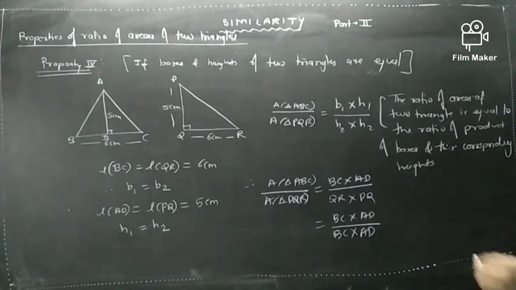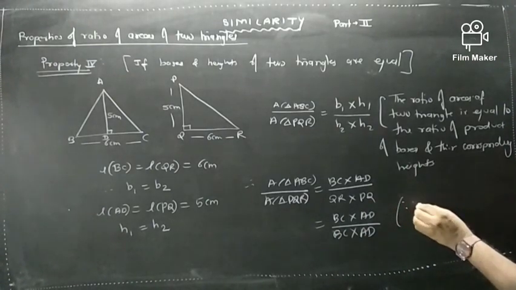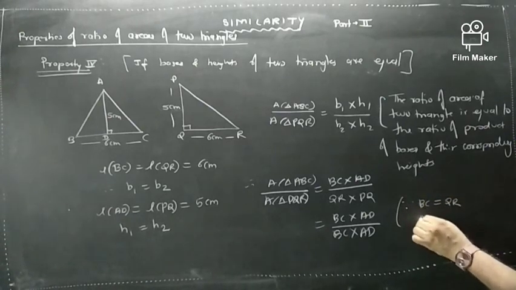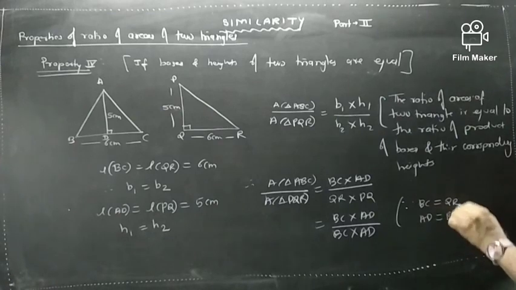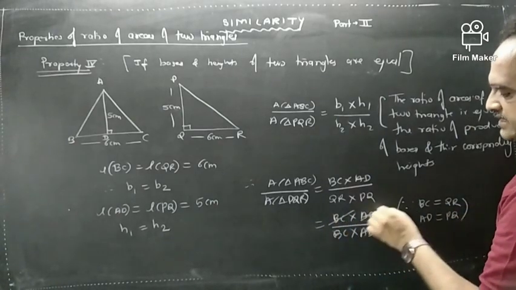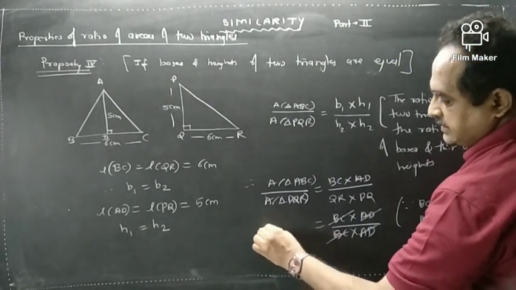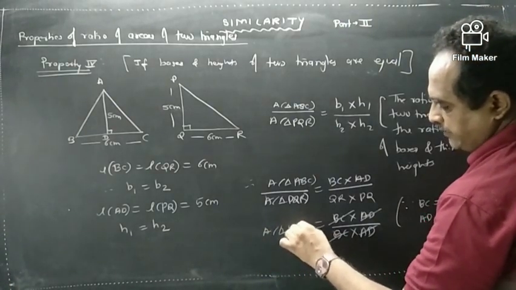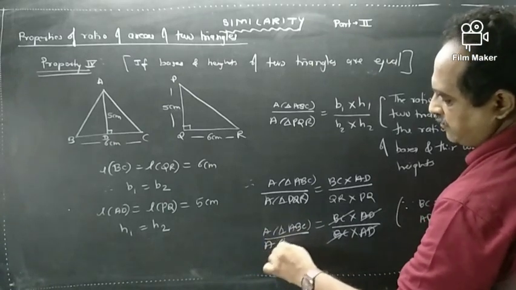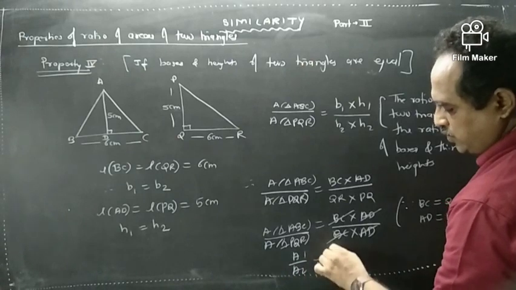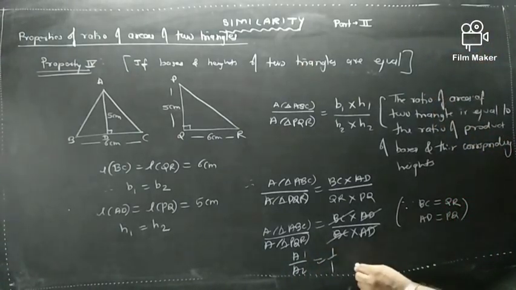Reason is, since BC is equal to QR and AD is equal to PQ, ultimately everything gets cancelled. So this is area of triangle ABC upon area of triangle PQR. So A1 upon A2 is equal to 1 upon 1, or I can say A1 is equal to A2.